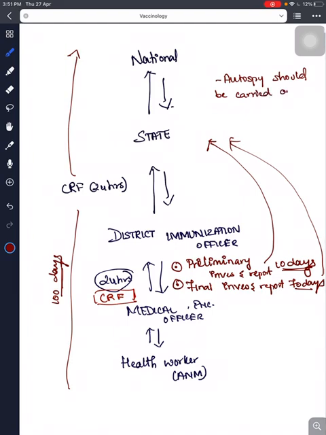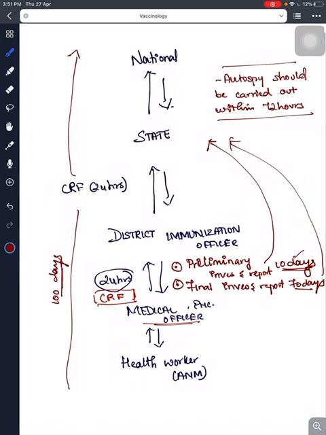Okay, supposing the person is dead after the administration of the vaccine, the autopsy should be carried out immediately or within 72 hours. Okay, so this is about the reporting system.